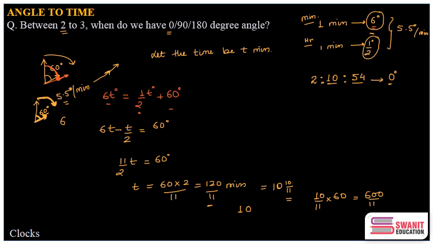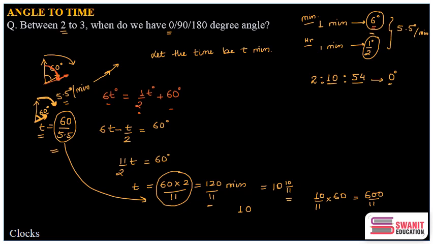And to cover the total distance of 60 degree with the speed of 5.5 degree per minute, whatever time I need is the time when they will coincide with each other. That is 60 divided by 5.5, which is equal to 60 divided by 11 multiplied by 2. So we have directly reached this solution by looking at the concept of relative speed.